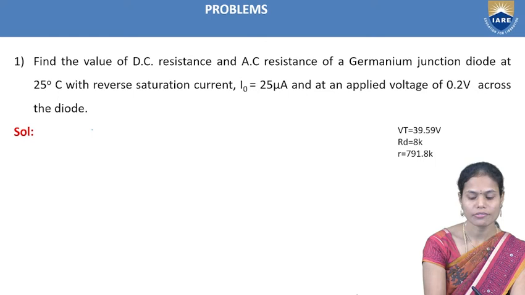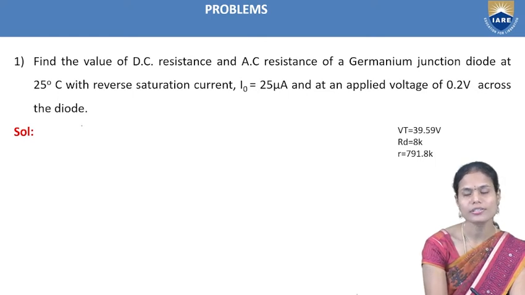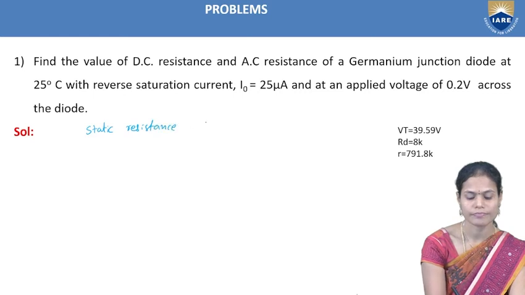We need to calculate DC as well as AC resistance. DC resistance is nothing but the static resistance, and AC resistance is nothing but the dynamic resistance.